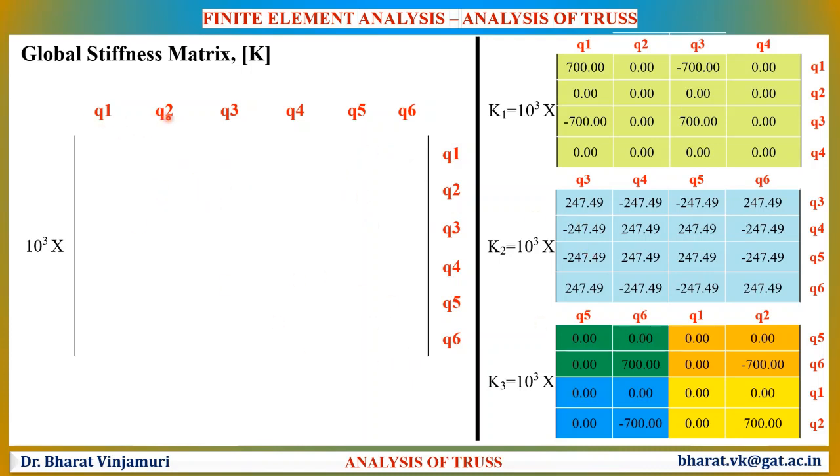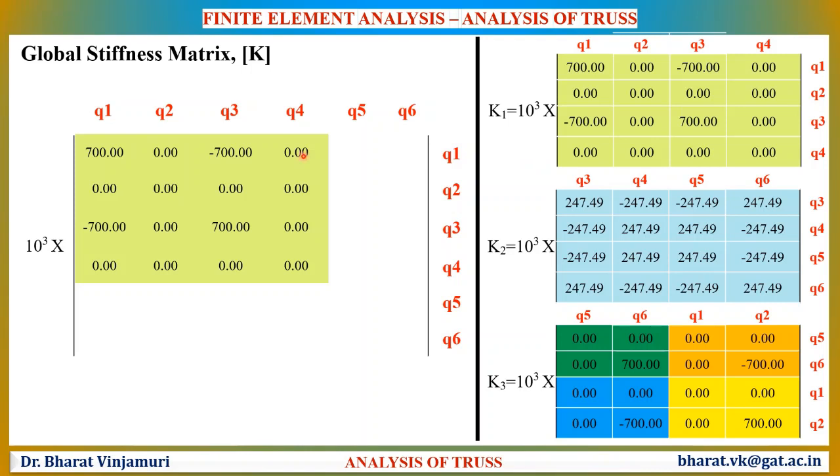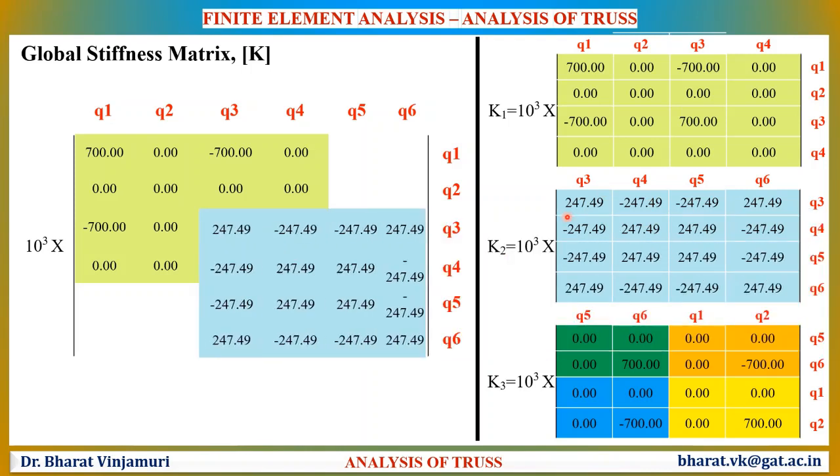Initially, the first zone Q1, Q2, Q3 and Q4 is filled by the first stiffness matrix. Later, the second zone, which is represented by Q3, Q4, Q5, Q6, will be filled by the second stiffness matrix. Here, whenever there is an overlap, it is understood that the values have to be added. Similarly, let us now start filling the other zones which are represented by the stiffness matrix for element number 3.